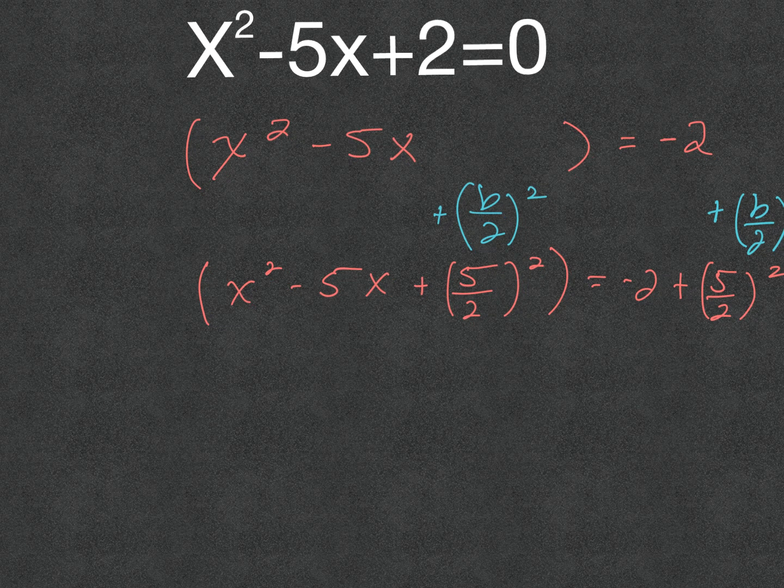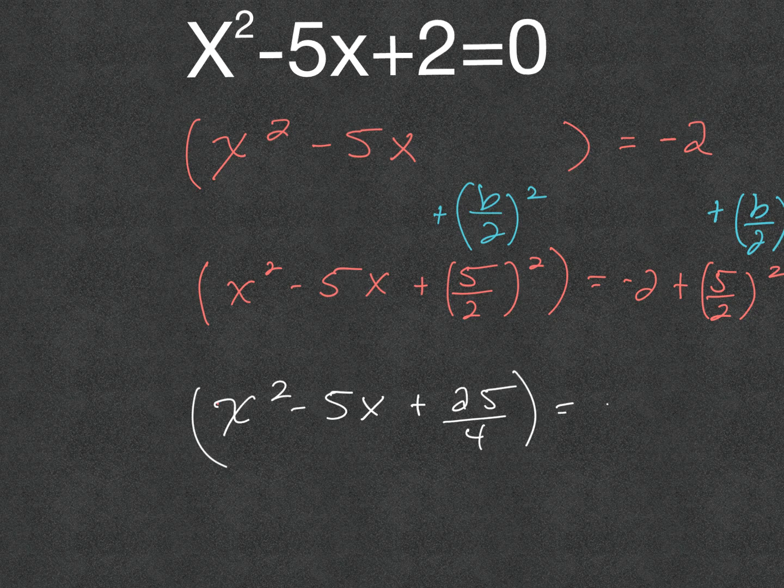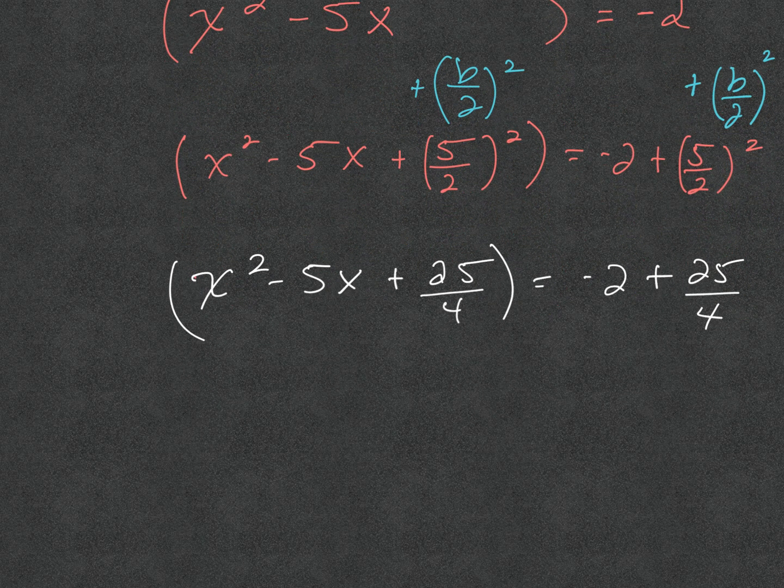Now this gives us a little bit of a tricky fraction, and that's good because this is a different problem than before. So x squared minus 5x plus 25 divided by 4 is equal to negative 2 plus 25 divided by 4. Okay, now we need to turn this into a completed square. We have to remember that the sign is going to go in the middle of the completed square.